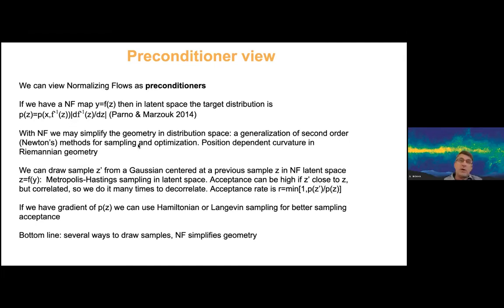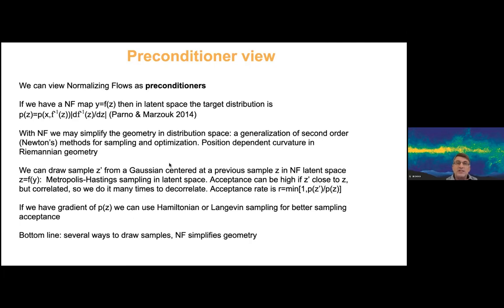One way to think about it is it generalizes the idea of preconditioners that have been used for many decades, like Newton's method, the mass matrix in Hamiltonian Monte Carlo, the mass matrix in Metropolis-Hastings. The idea is always that if you precondition, you will converge faster on the sampling. Normalizing flows are a generalization of this idea to distributions which are not Gaussian. Maybe there's a banana, maybe it's multimodal, anything you want, really, this method can handle.